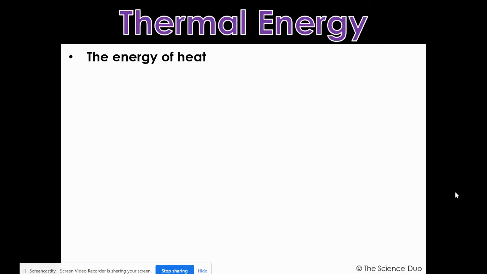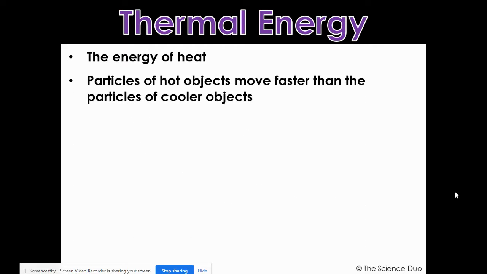Thermal energy is energy of heat. Particles of hot objects move faster than particles of cooler objects, and that should make sense to you if you start thinking about states of matter. The molecules in a cube of ice are not moving very much at all. When we heat it up and they become liquid, they can move a little farther apart.